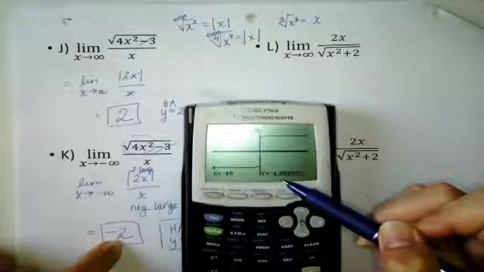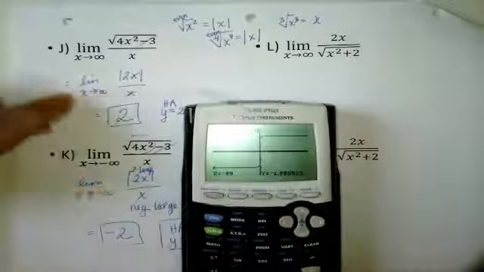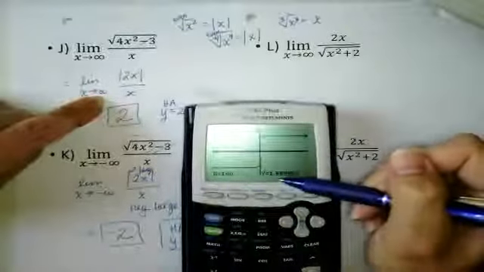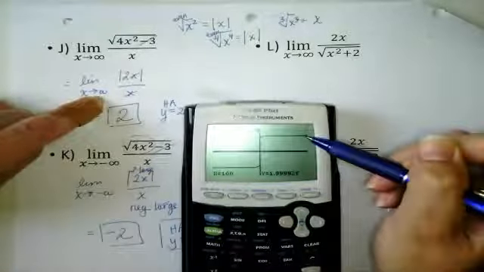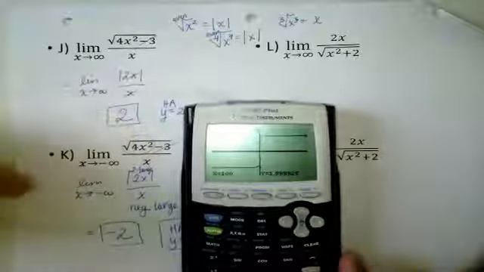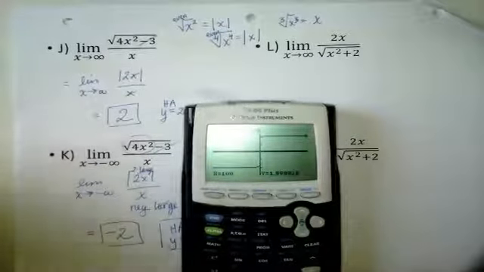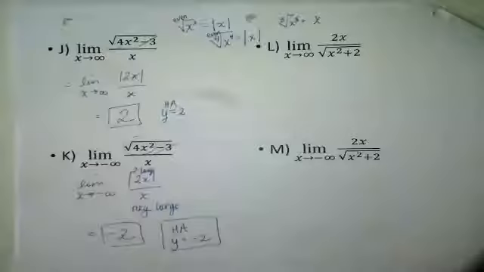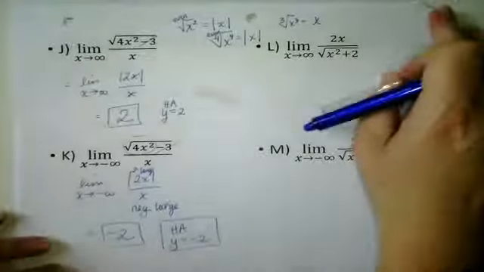Yeah, -2. There you go. When we trace for a large value of x, like 100, we're at 1.999, which is just about 2. And you can imagine if we got even larger, like 1,000 or 1,000,000, we would be even closer still to 2. Kind of interesting.